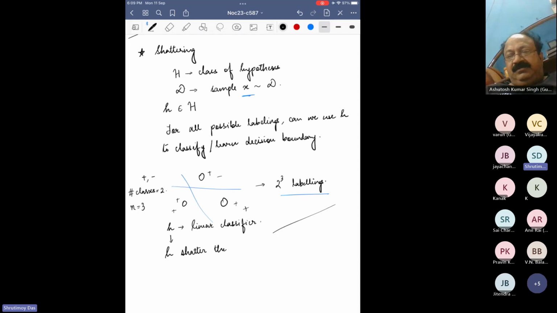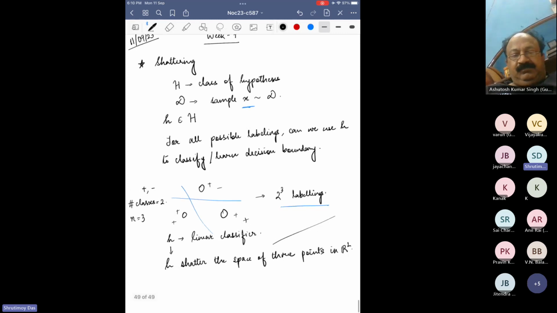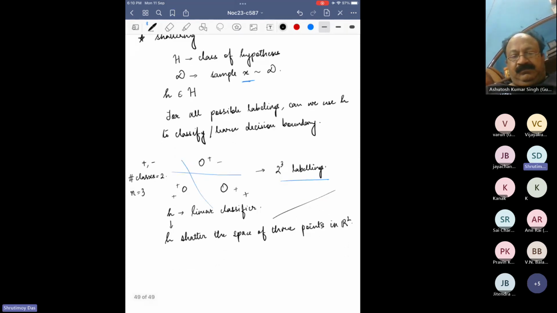So we say that H will shatter the space of 3 points in this two-dimensional space, in R2. So that is the concept of shattering.